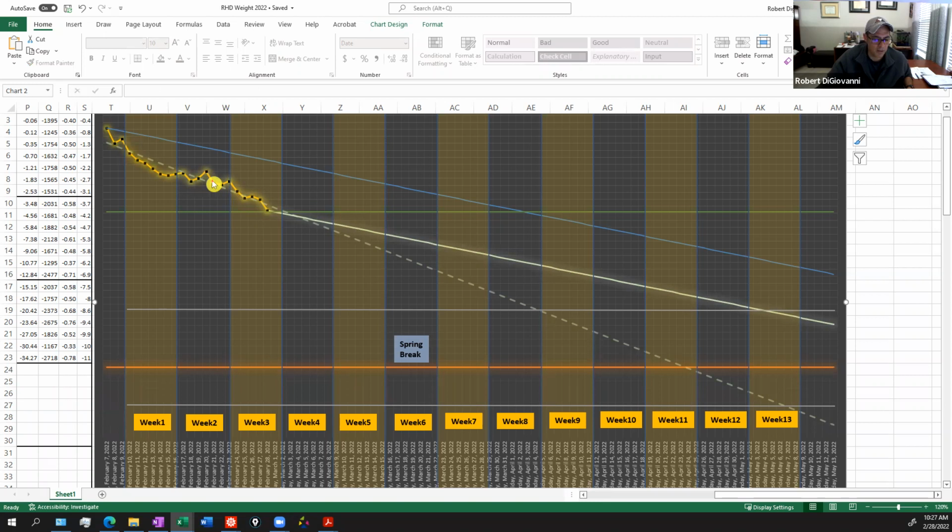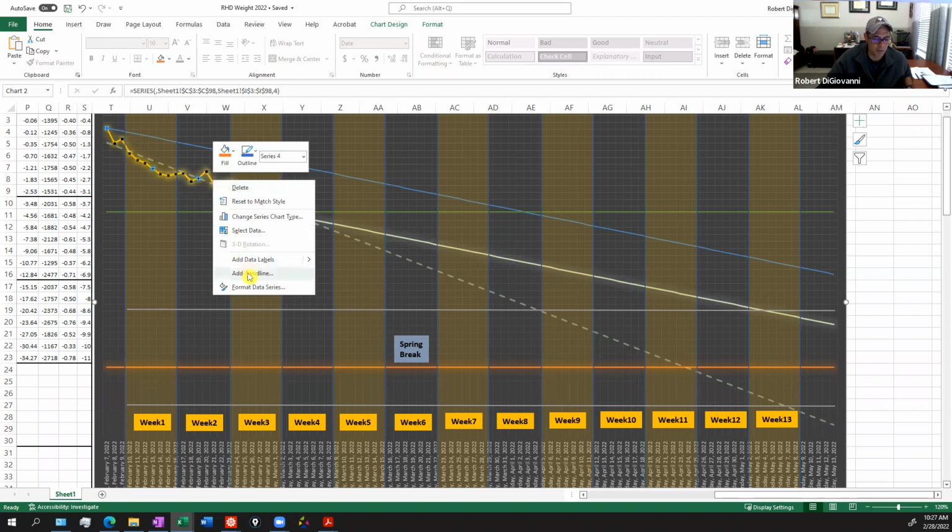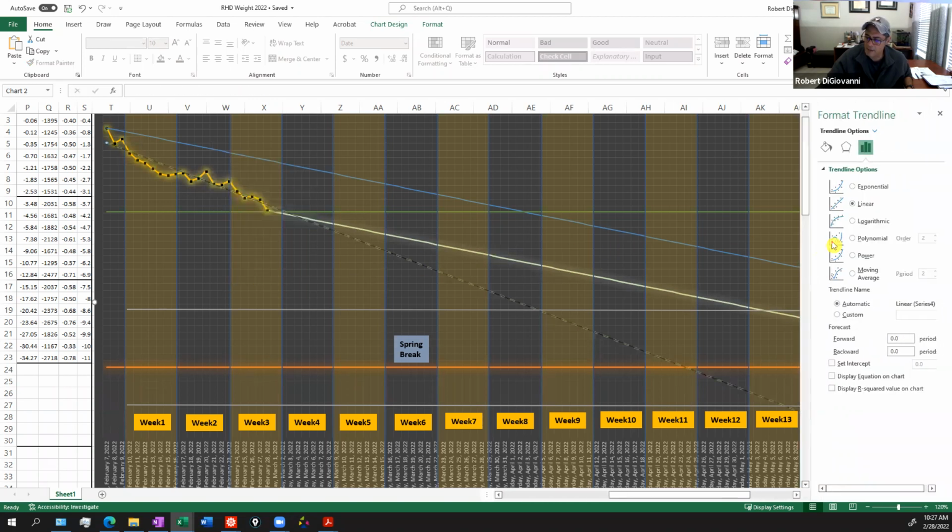So what I can do is ask the computer to add a polynomial function model to that graph, and I can pick what's called the order, which is the degree of the polynomial. Right now it's trying to fit a parabola to that data. If I do a cubic, that's a third degree polynomial.